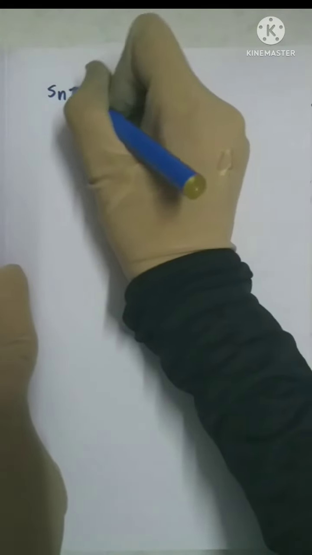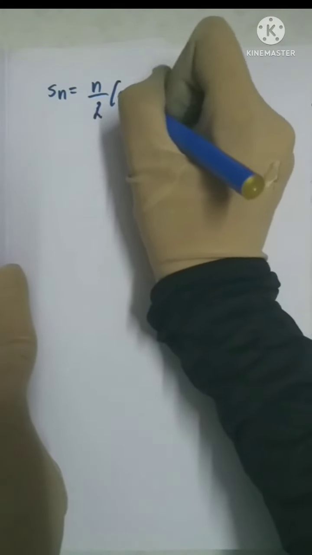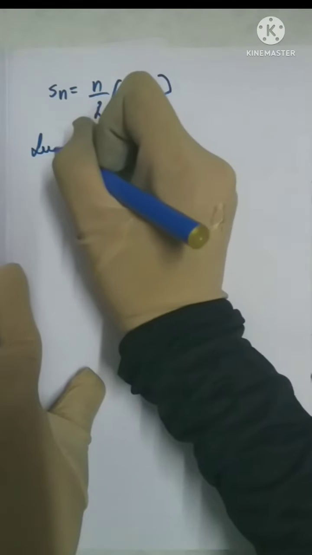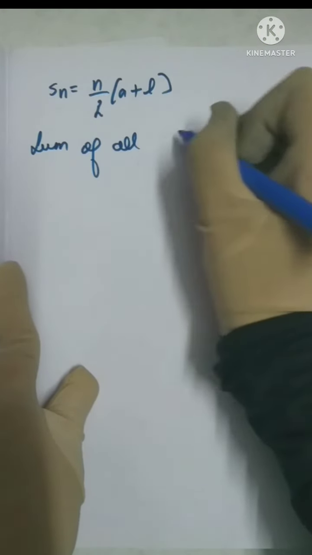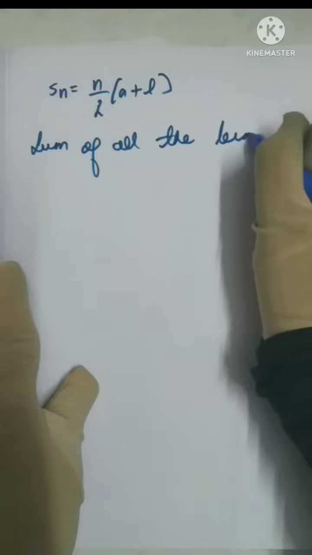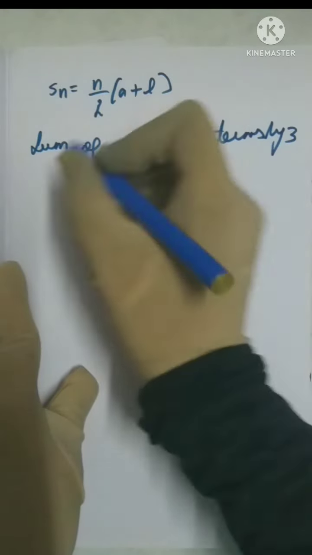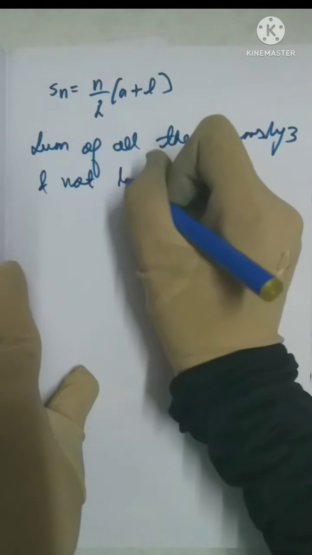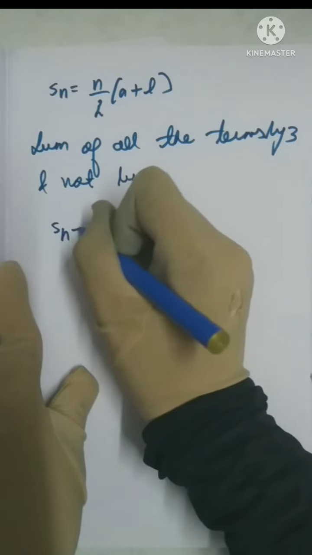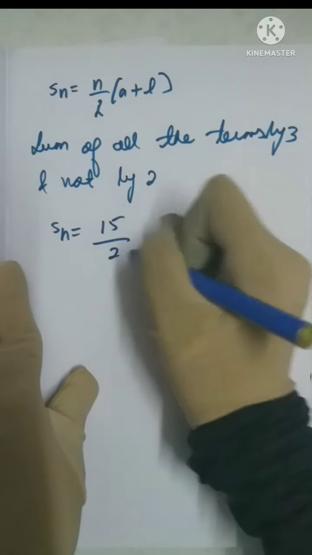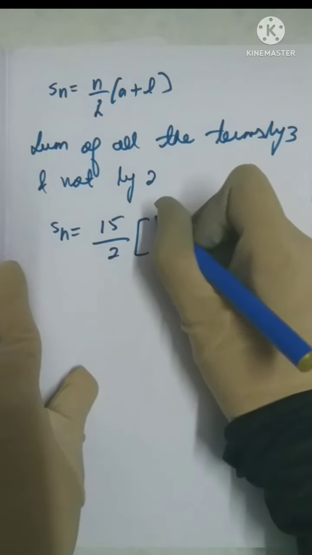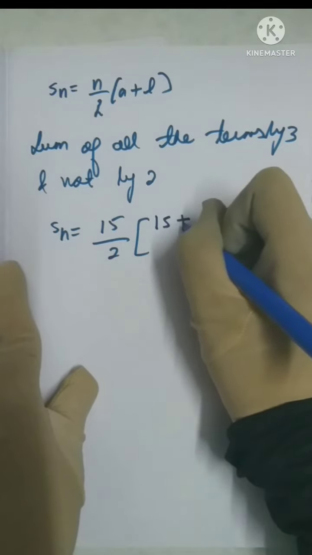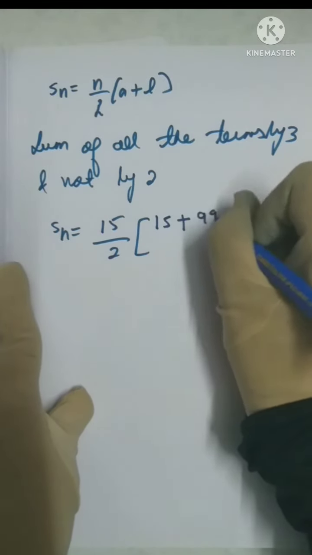Using the formula Sn is equal to n by 2 into a plus L, we will find the sum of all the terms divisible by 3 and not by 2. The number of terms you got is 15, substitute in the formula, into what is a, we have 15, plus last term is 99.